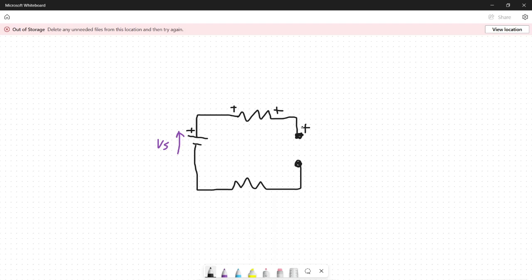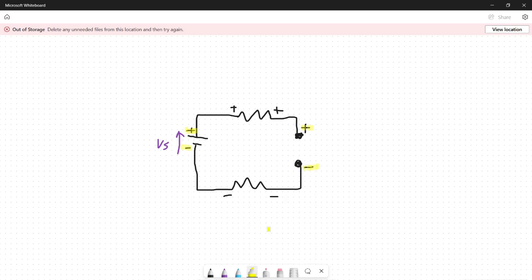Now, because all the charge goes through here, none of the charge goes here. So then this charge will be 0, and the charge here will be 0. And this resistor will have no voltage drop because the charge is the same. But what you will notice is that this and this are the same, and this and this are the same.